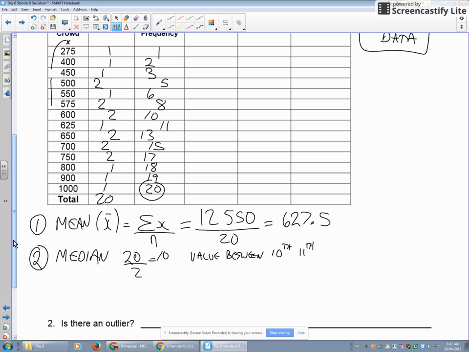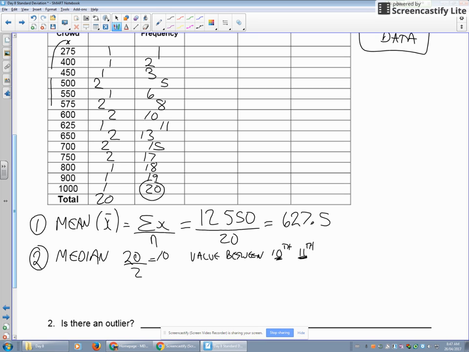That's where our median lies. At 20 values, 10 is in the center. That means we've got 10 data points below, followed by another 10 data points. 1 through 10 is 10 data points, 11 through 20 is another 10 data points. So we need to find basically the 10.5th position.